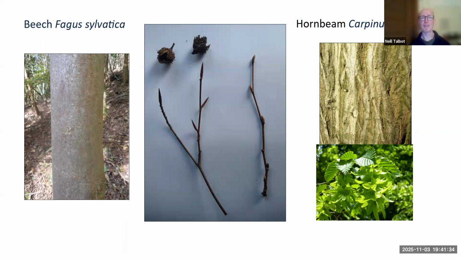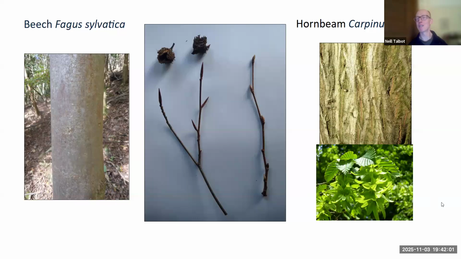Beech is a slightly larger tree and generally has quite smooth greyish bark, unless it gets to veteran status where it's hundreds of years old, where it becomes slightly more grooved, but it's very unusual to see trees like that. So generally it will be quite smooth bark.